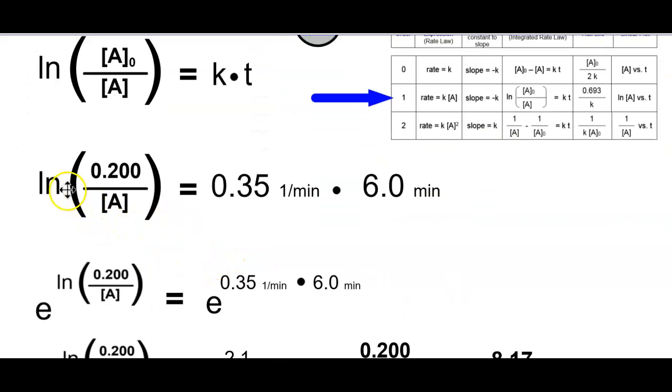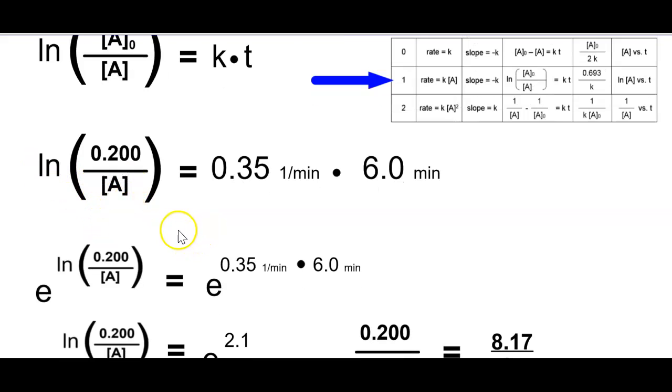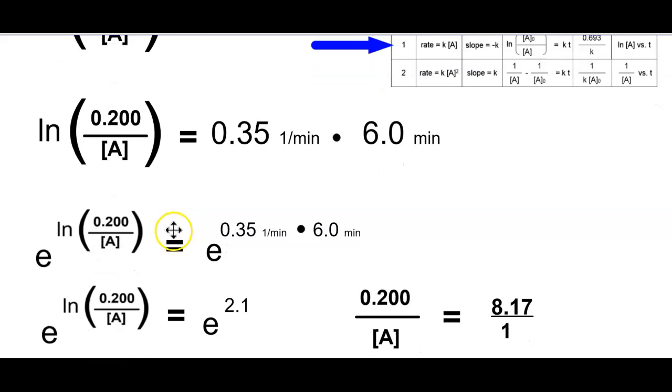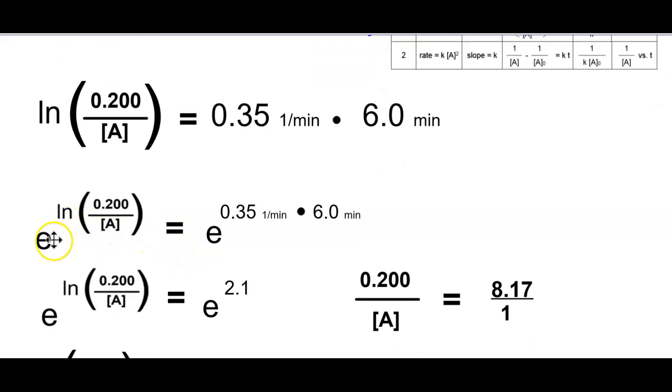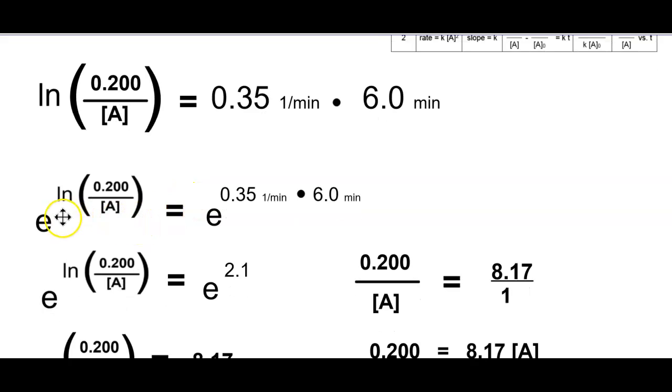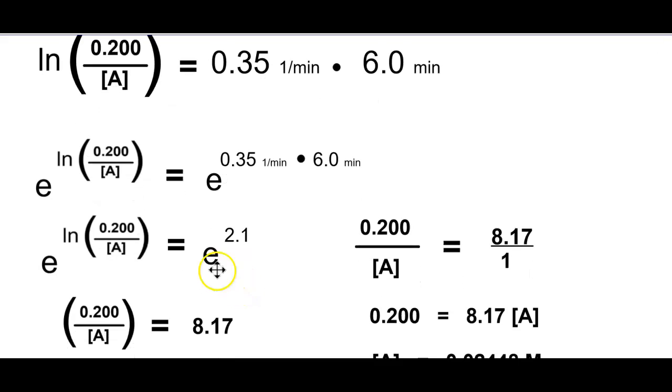Before we do that, I like to say we have an unknown trapped inside an ln, so we're going to take the e of both sides. Thinking back to your algebra class or maybe pre-calculus, I'm not sure where you do this. The 2.1 is this times this. So I take e of both sides.